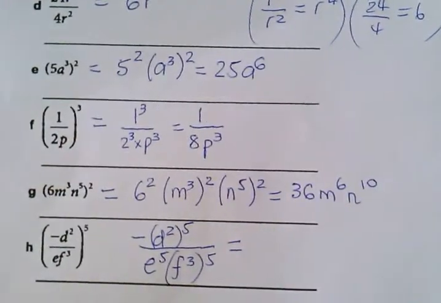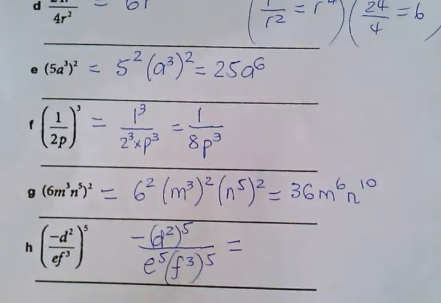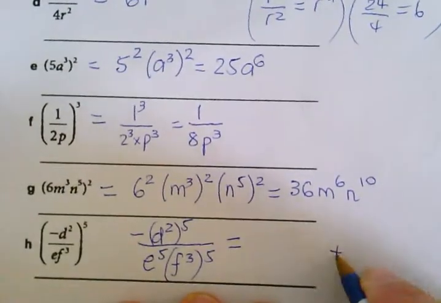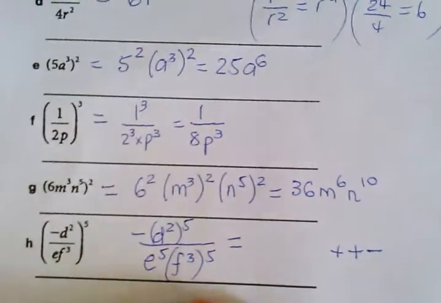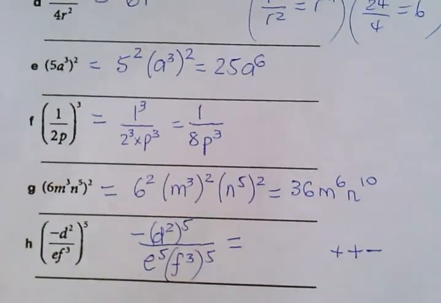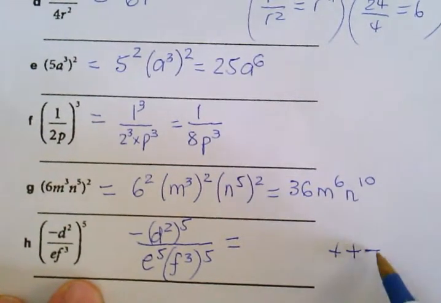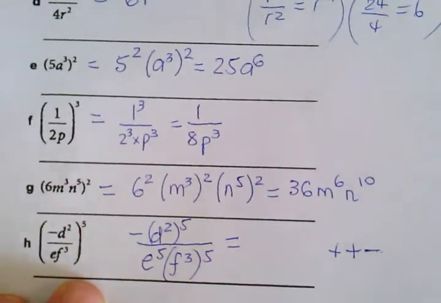Ladies, a negative to the power of 5 is a negative. Negative times negative, watching. 1, 2, 3, 4, 5. It's only when you've got even powers of negatives that you end up with a positive. Look, a negative times a negative times a negative times a negative times a negative ends up a negative.